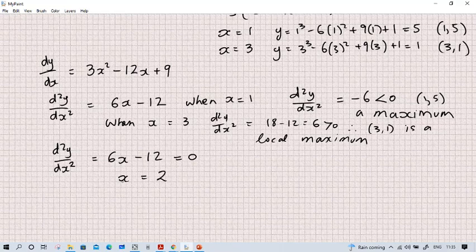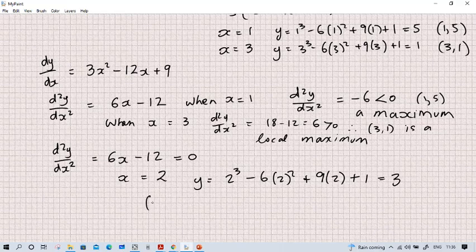So the x coordinate at 2 has a y coordinate of, we'll sub in the 2: 2 cubed minus 6 times 2 squared plus 9 times 2 plus 1, and that will give us the point of inflection, which happens when y equals 3.